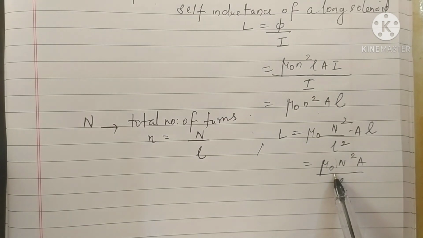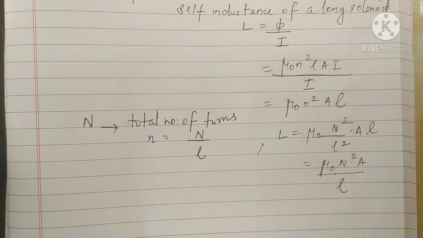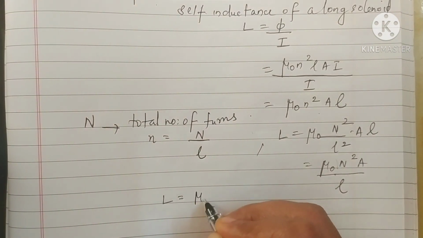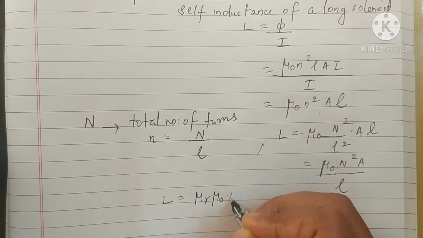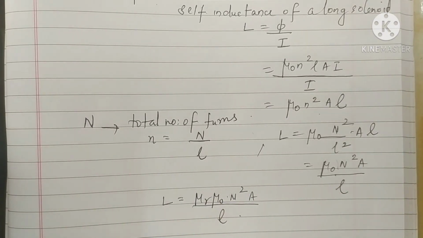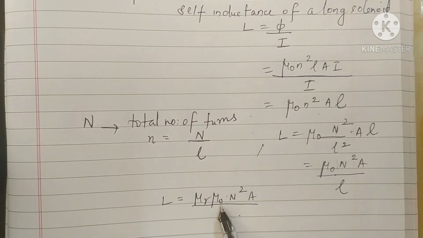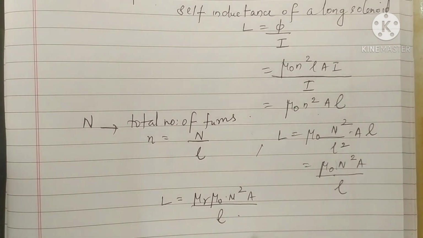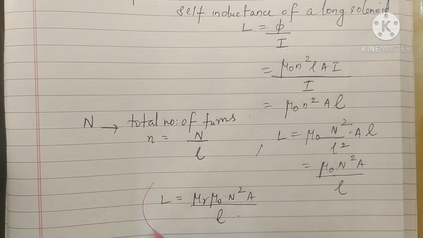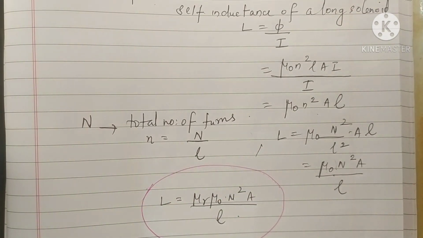So relative magnetic permeability you can add with that expression, so that L is equal to mu r mu naught into N squared A by L. Clear for you? Mu r, mu naught N squared A by L. So this is how you find the expression for self-inductance of a long solenoid.